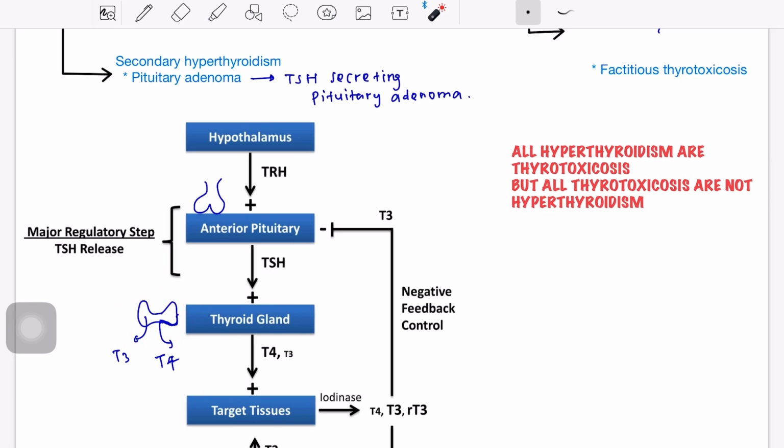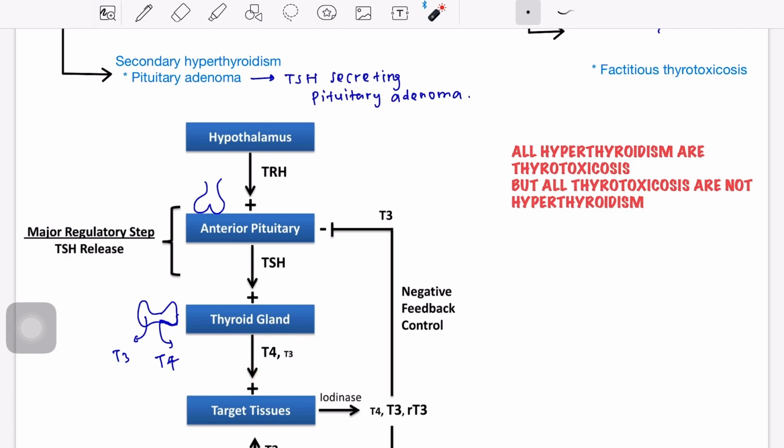So secondary means that rather than the thyroid gland, the problem is in one of the regulation centers, right? The problem can be in the anterior pituitary, namely a TSH secreting pituitary adenoma. If a pituitary adenoma is there, it will produce more TSH, and due to that the thyroid gland produces more T4 and T3.